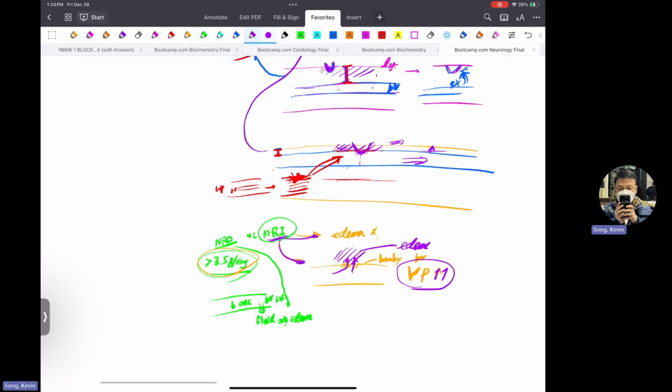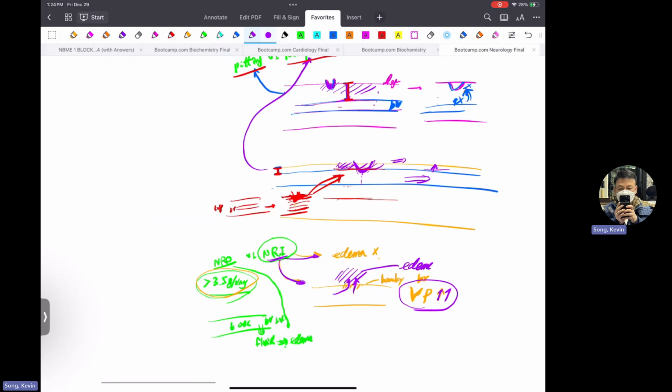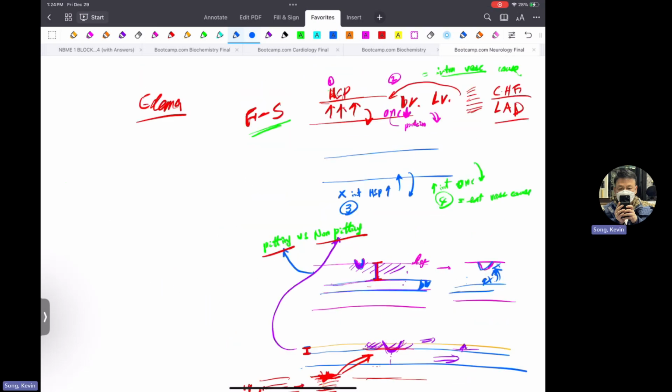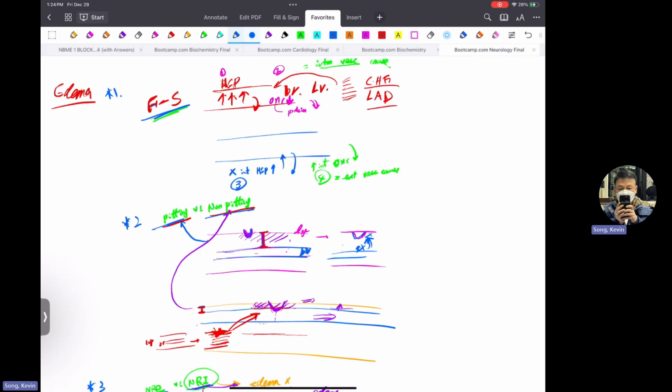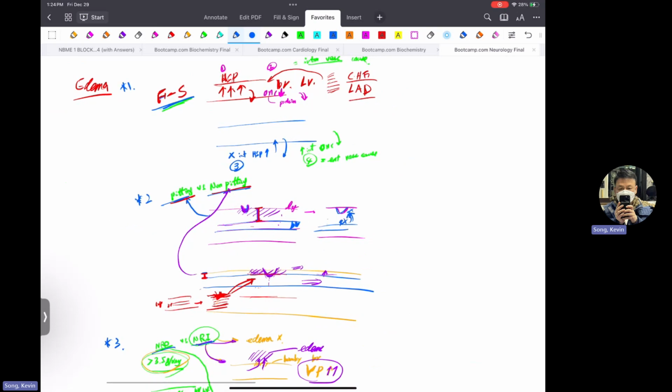So we went over three causes, the three aspects of edema. Point 1 is the Frank-Starling law, point 2 is pitting versus non-pitting, and point 3 is nephrotic syndrome. All right, so we just went over the overview of edema.